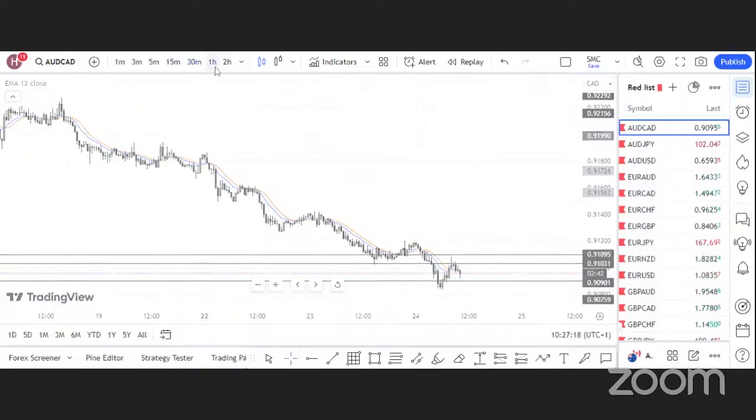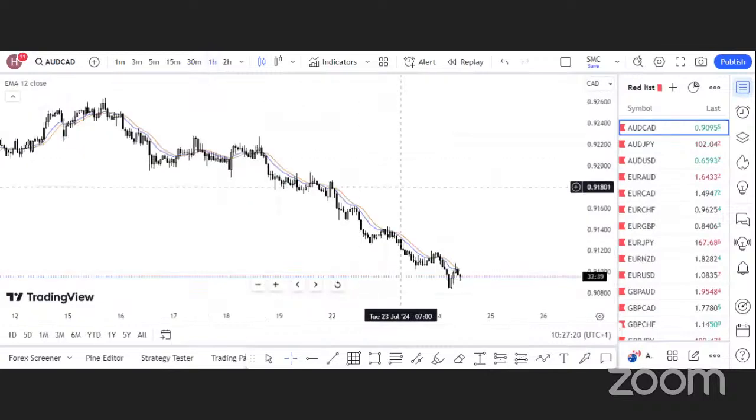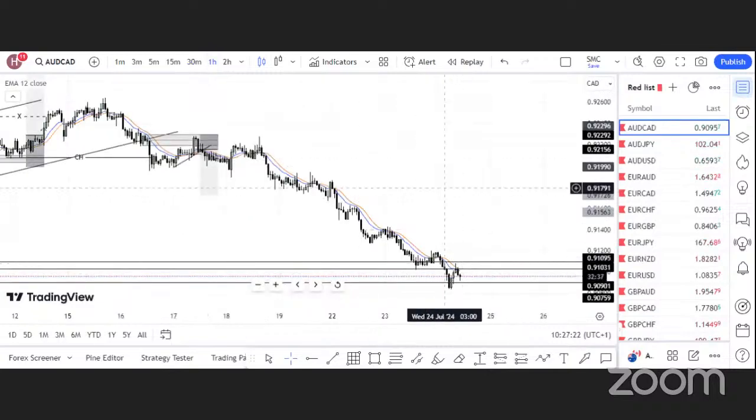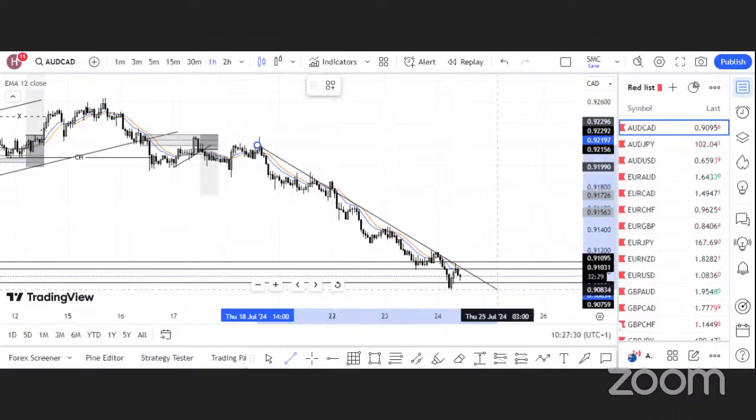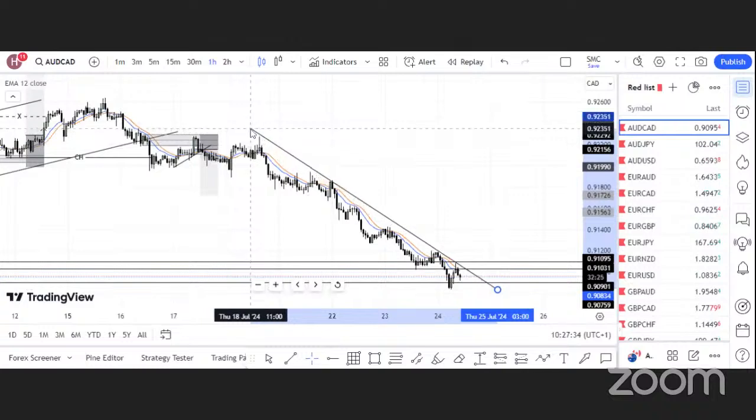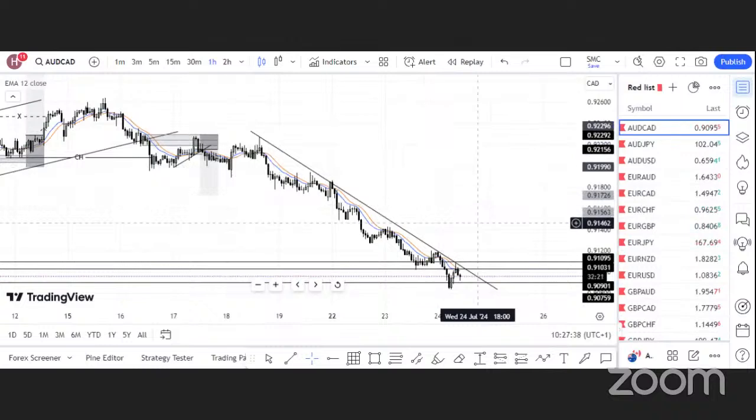So anytime the market is on a downtrend, just look for an area or level where there is a resistance. When the market goes back into your resistance zone, the market will sell for sure.